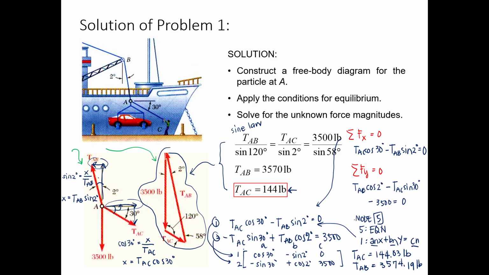But if you're confused about the conversion, you can also use the version presented on the screen, which is the force triangle, and then use sine law in order to solve for the tension of cable AB and AC.